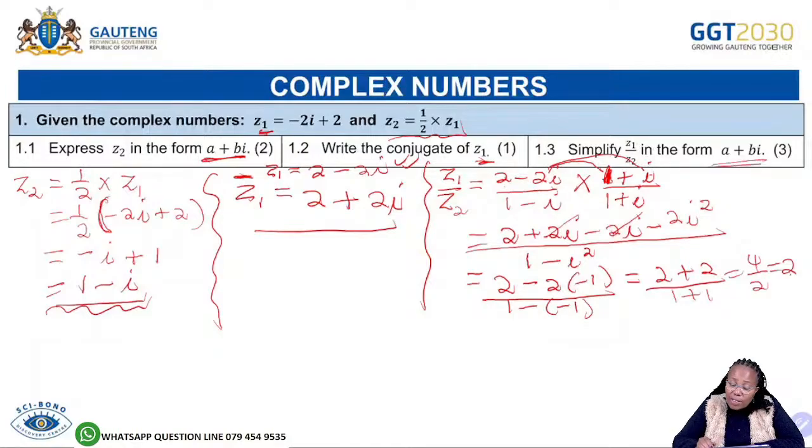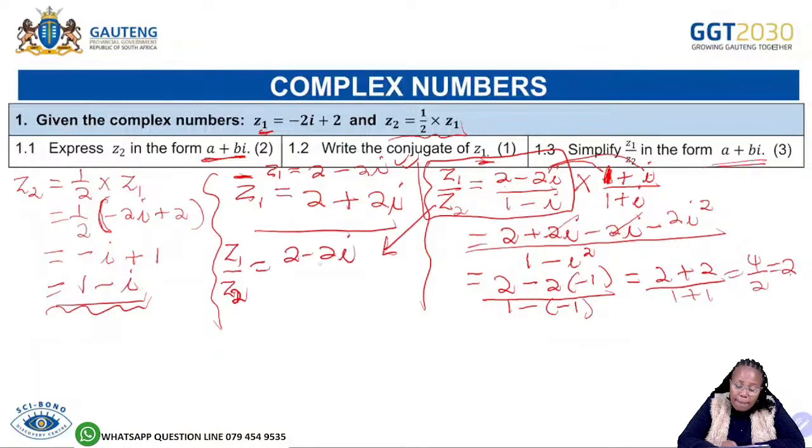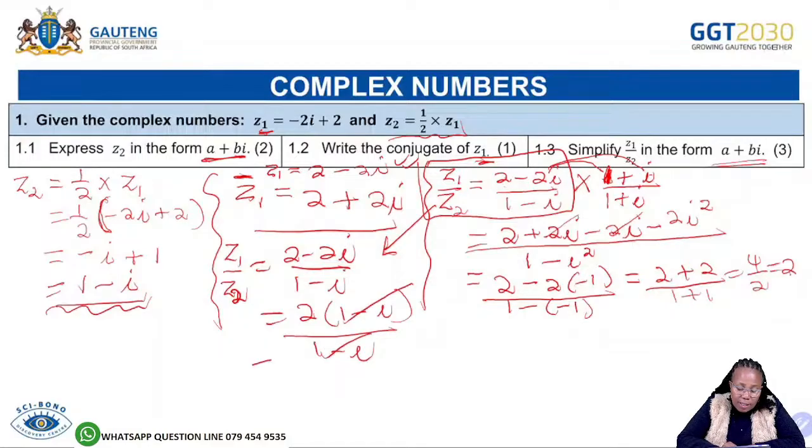Or if they want us just to simplify like that, grade 12, without solving, alternatively Z1 over Z2 is 2 minus 2I over 1 minus I. If you take out 2 as a common factor, you're left with 1 minus I over 1 minus I. And then the answer will just be 2 for this one.